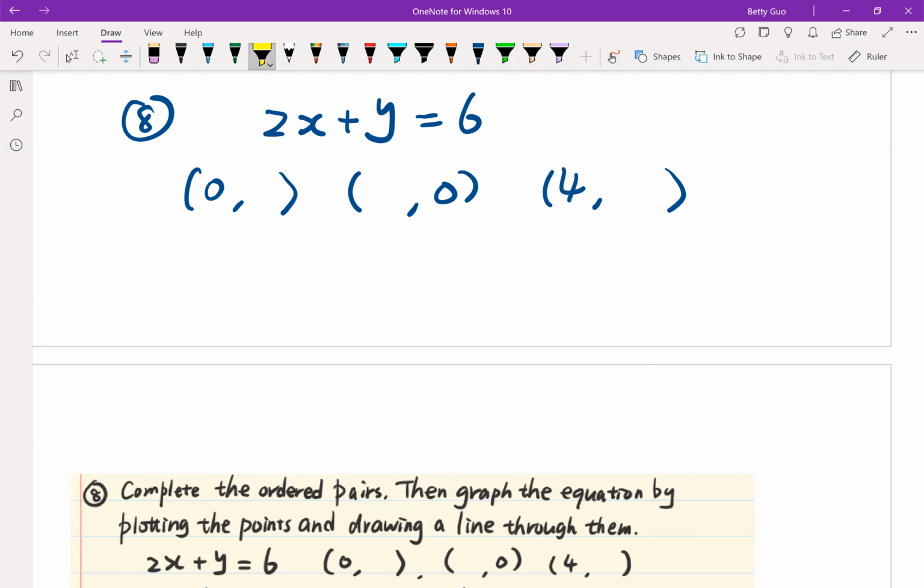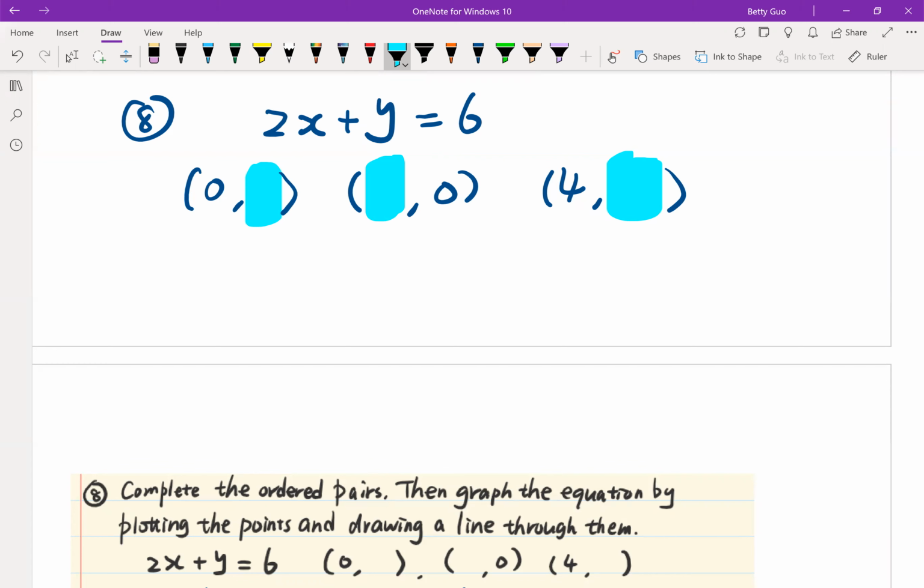The first point has an unknown y coordinate, the second has an unknown x coordinate, the third has an unknown y coordinate. You need to complete the 3 ordered number pairs so those 3 points are on the line, and then graph the straight line. A lot of work for this problem.